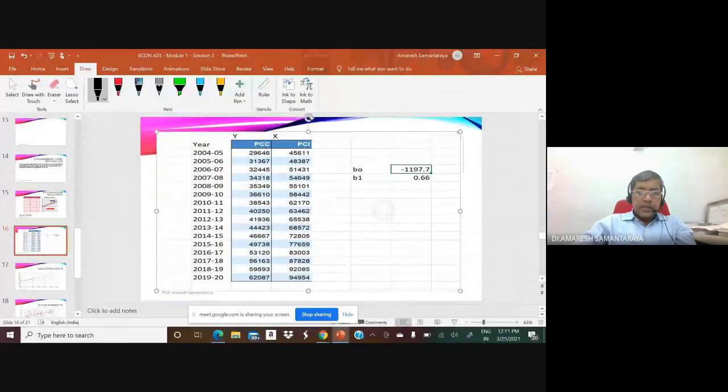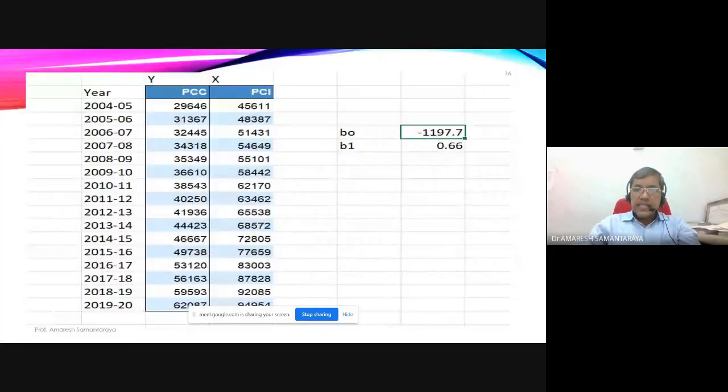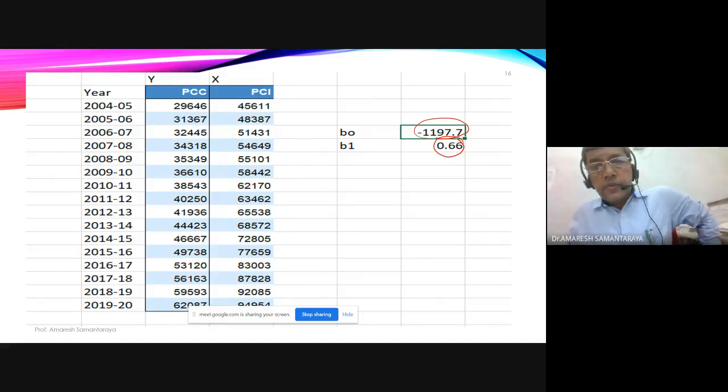These are the numbers which I got. So this is a sample estimate, and similarly, this is a sample estimate. In economics, we use the sample, and from the sample we estimate the relation, which we call sample estimates.